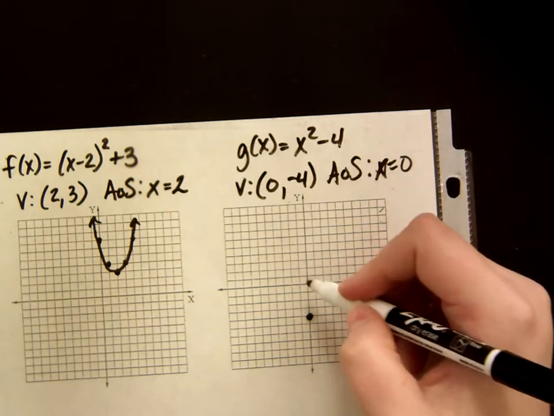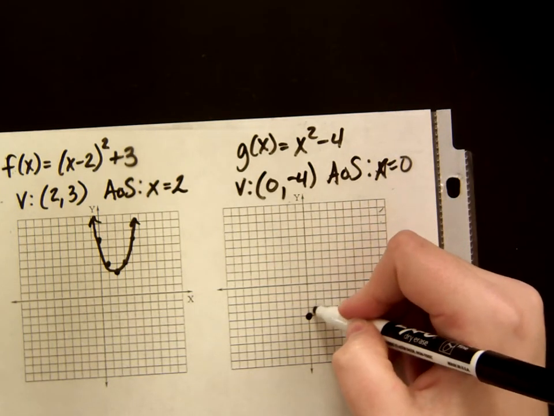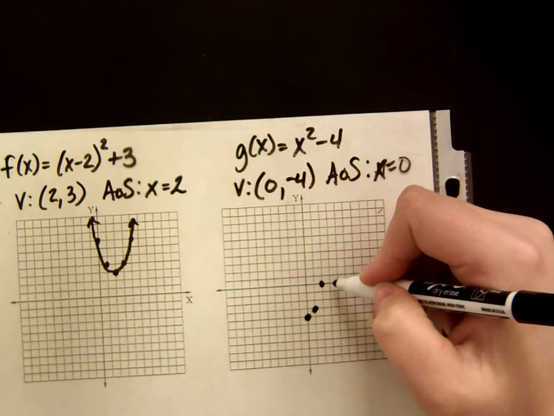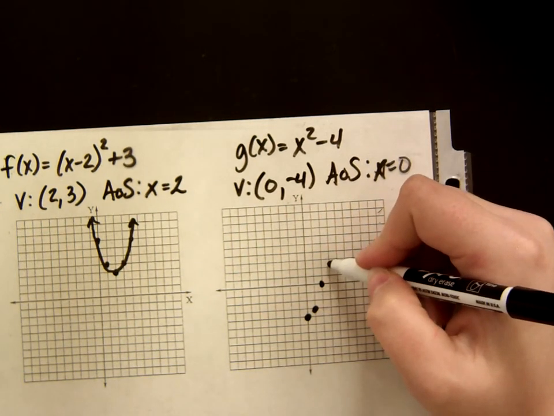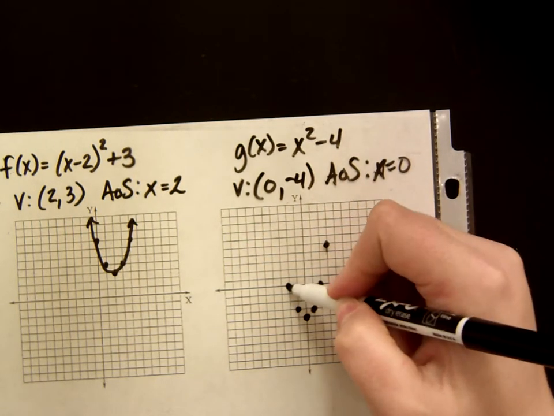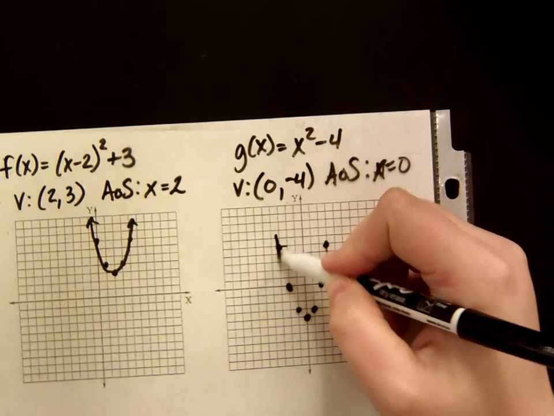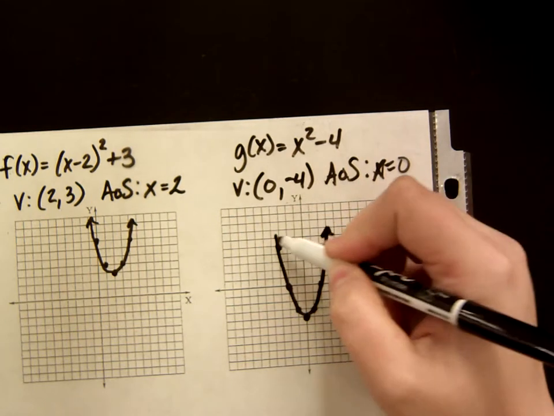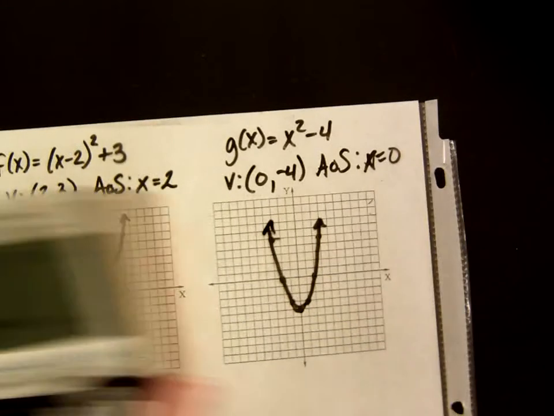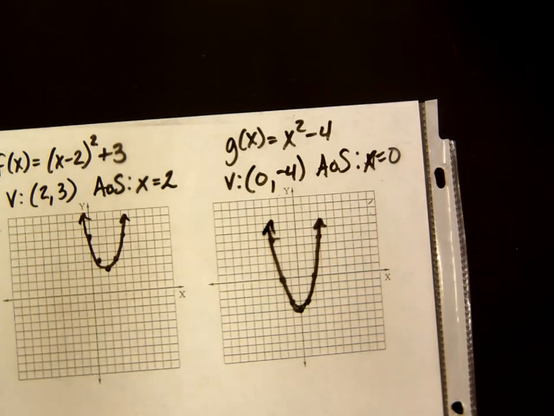So 1, -3, 2, 0, 3, 5, and that's probably enough to be going on with. I can graph it pretty quickly. But again, if you don't want to plug in and do it that way, you can also just plug it into the calculator.